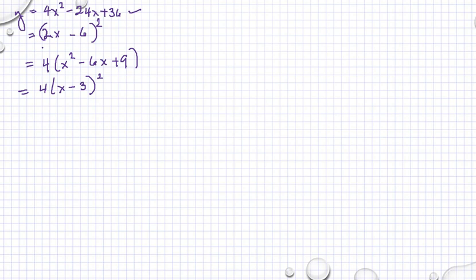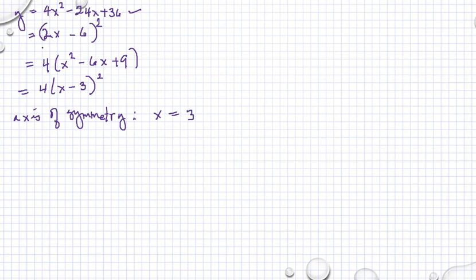That means you have a double root. So your axis of symmetry is x is equal to h. Your h is 3.